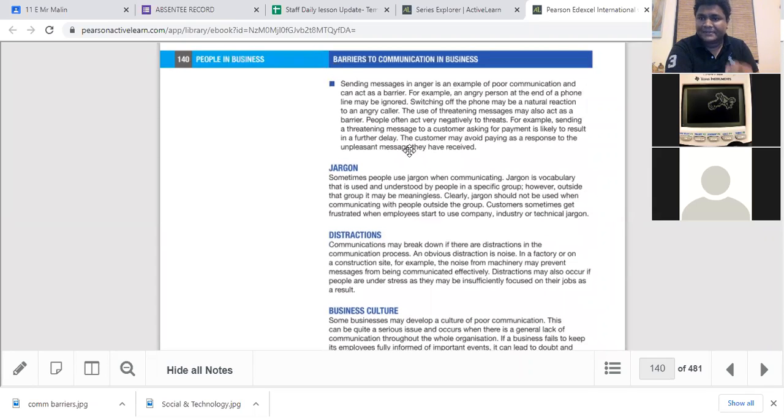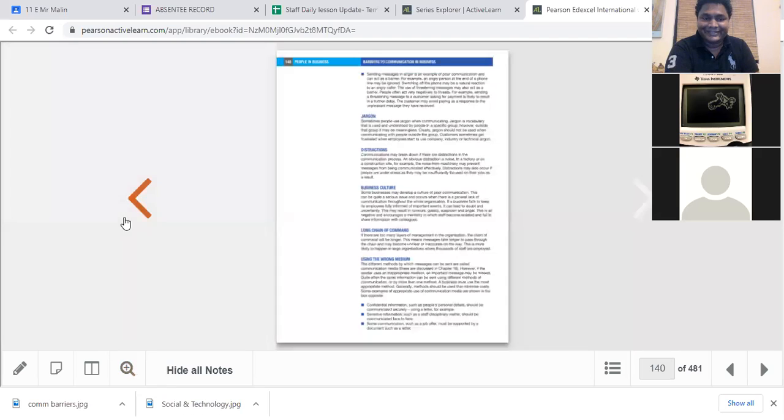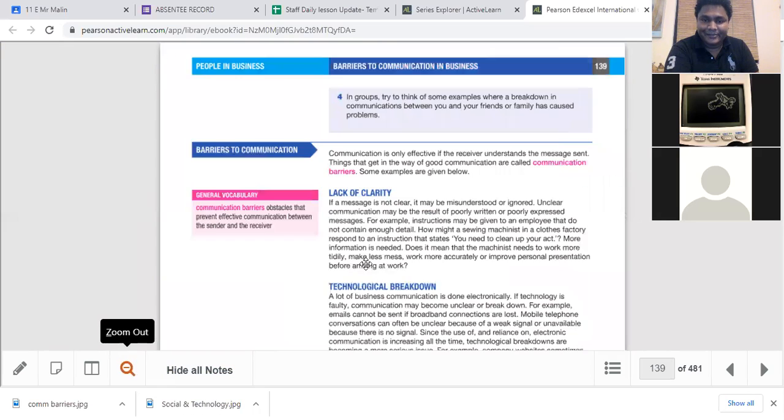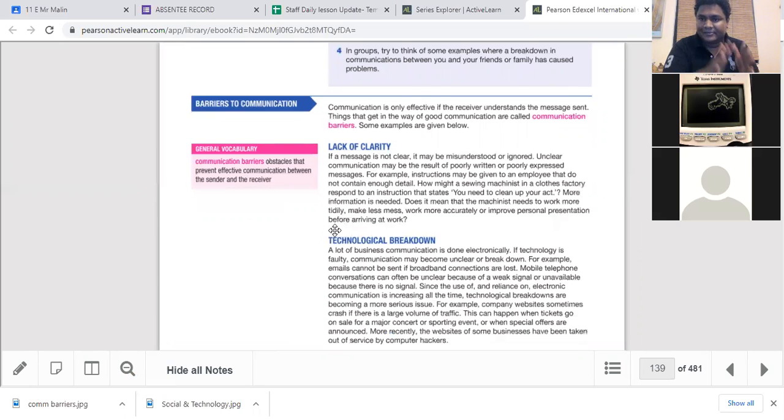Sometimes it's the skills of the people: don't send a message in anger, don't show your anger to others, don't send a message in a threatening way. No one likes to receive a threatening message. Also think about the clarity and body of the message, and technological breakdown should be avoided.